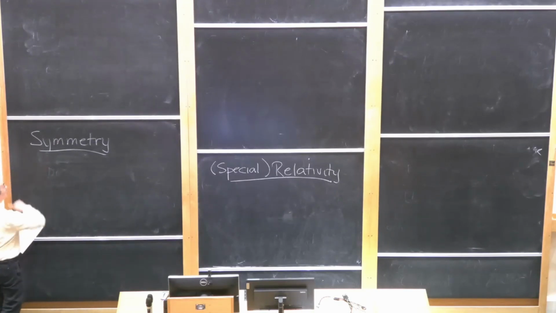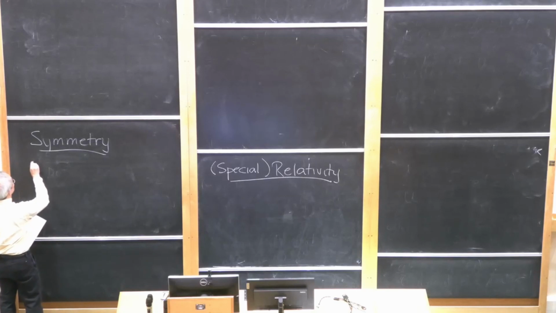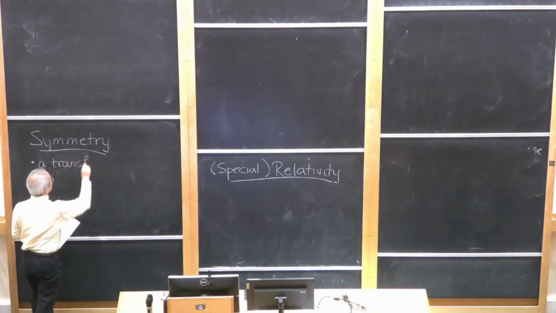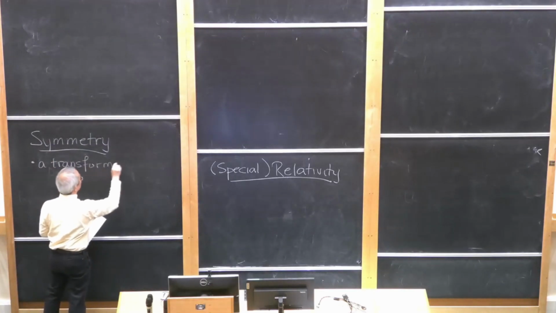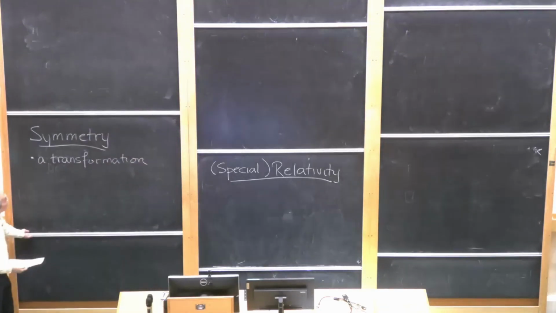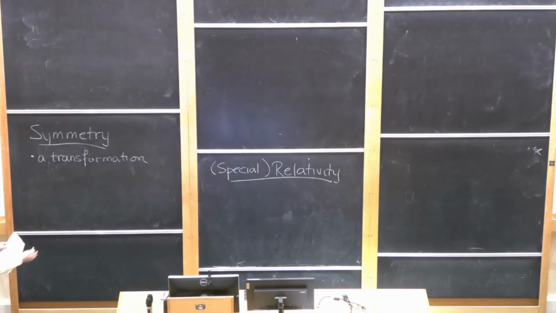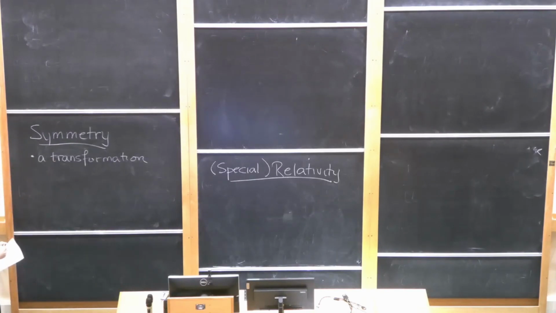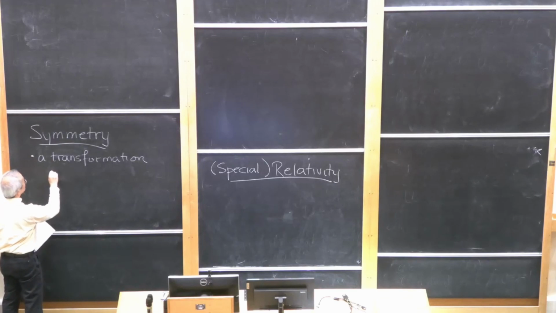Let's first define what a symmetry actually is. There are generally two components in any symmetry. There's going to be a transformation of some kind. This can be anything that transforms the description of a system, sometimes also transforms the system itself.